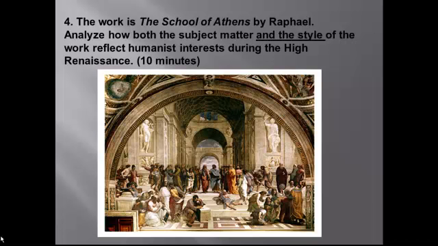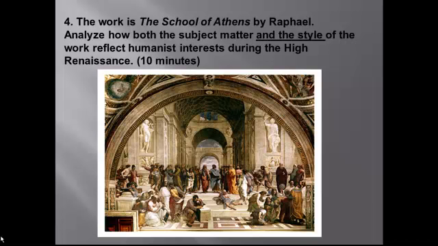The figures are individualized, bearing the countenance of many of Raphael's contemporaries. Again, humanism. This suggests a parallel between the dynamic energy of the Italian Renaissance and the antique past, ennobling the ideas and actions of singular minds.